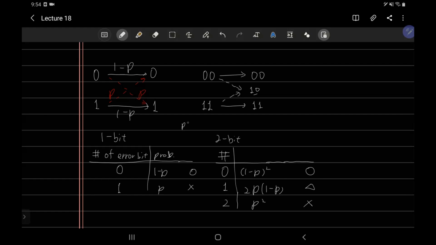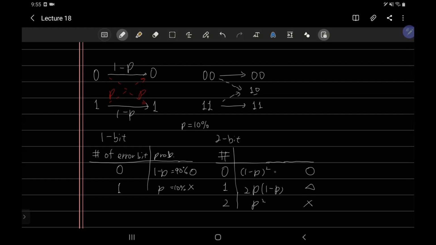Let's say that the probability of error is only 10%. In this case, for the 1-bit case, the correctly transmitted probability is 90%, while the incorrectly transmitted case is 10%.